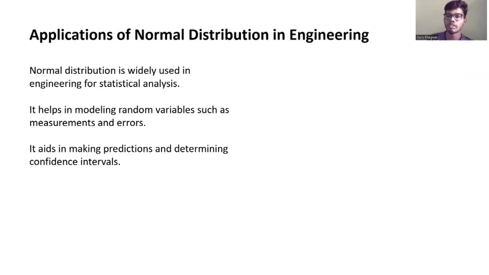Next, the applications of normal distribution in engineering. The normal distribution is widely used in engineering for statistical analysis, and it helps in modeling random variables such as measurements and errors. It also aids in making predictions and determining confidence intervals.